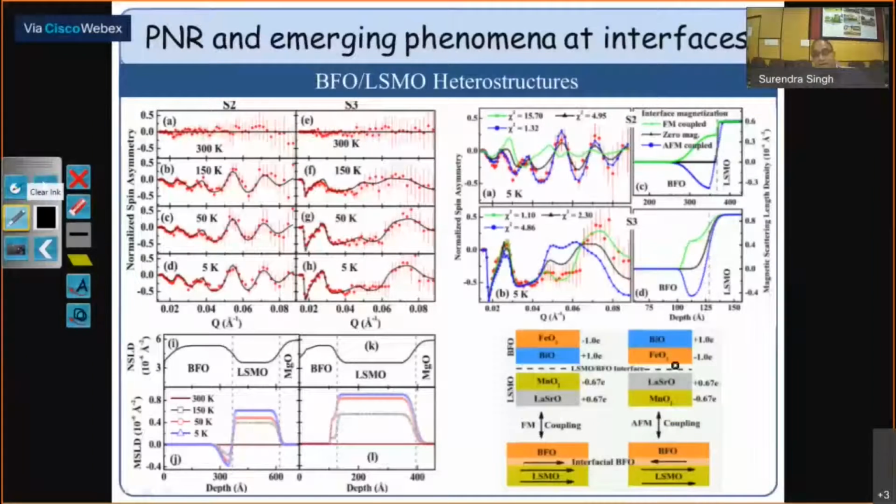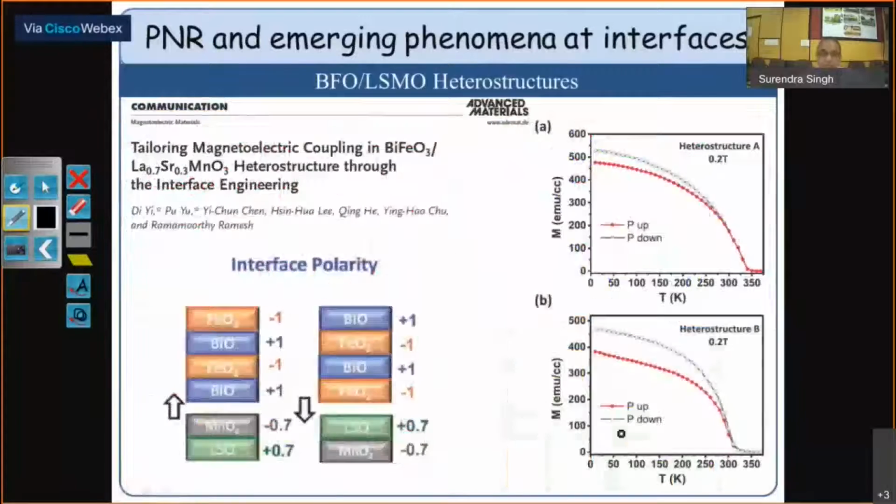And as I said, this is happening because at the interfaces we get two kinds of surface terminations, which give different kinds of coupling. In fact, there was another study with SQUID measurements. They found that with ferromagnetic coupling they have higher magnetization.